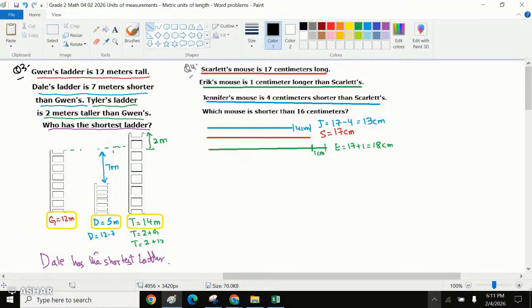The question is saying, which mouse is shorter than 16 centimeters?